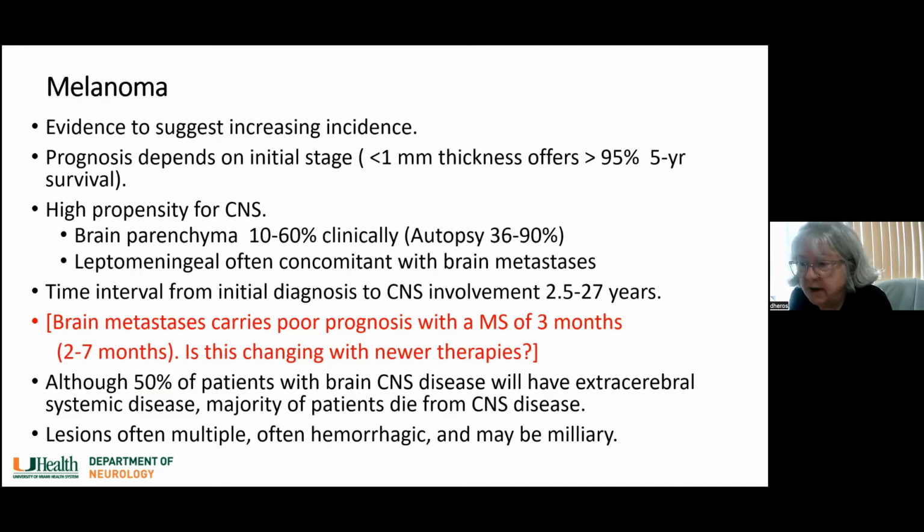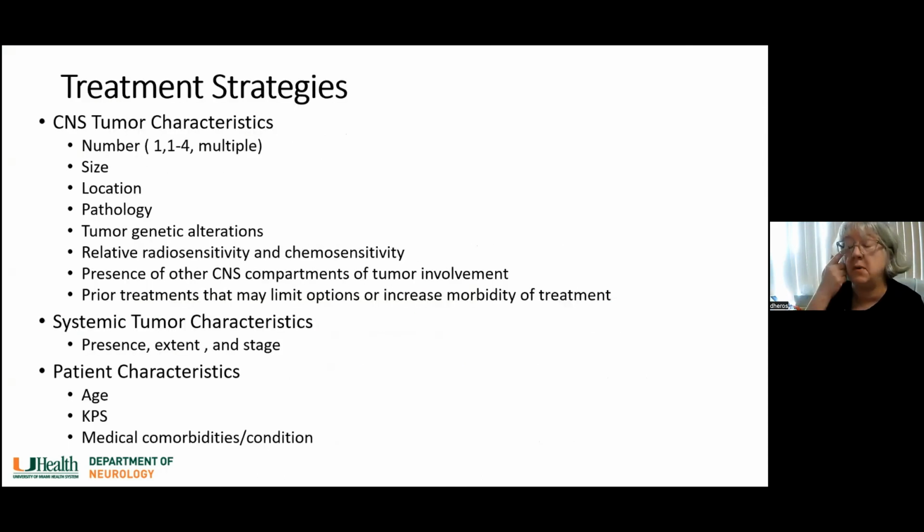However, I put this in red because it may be changing with some of the newer therapies. Our BRAF inhibitors for BRAF mutant melanoma and our immunotherapy certainly have improved the overall outcome. But this is one tumor where the patient still tends to succumb because of their CNS disease. And keep in mind that this is one cause of hemorrhagic metastasis, so an atypical presentation of a hemorrhage. Think of an underlying melanoma.